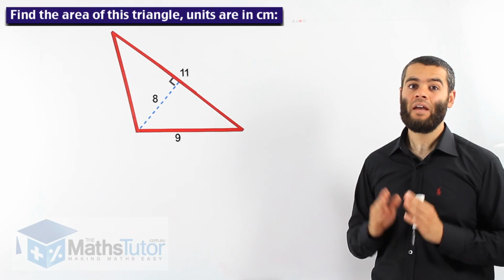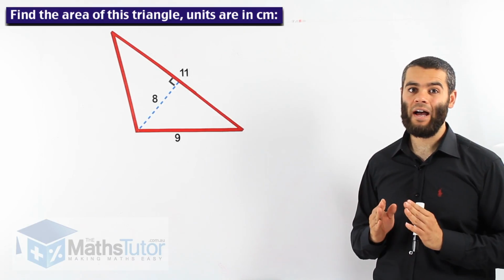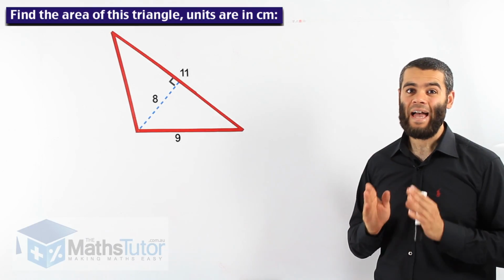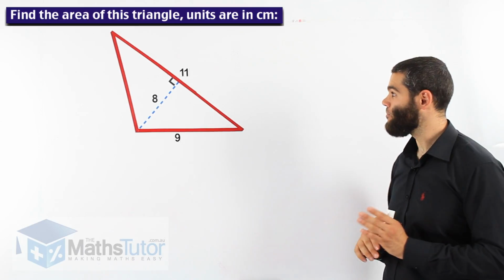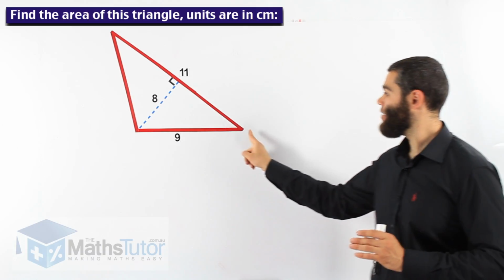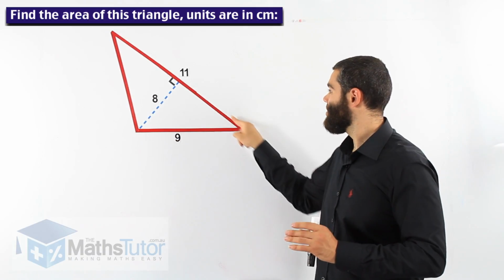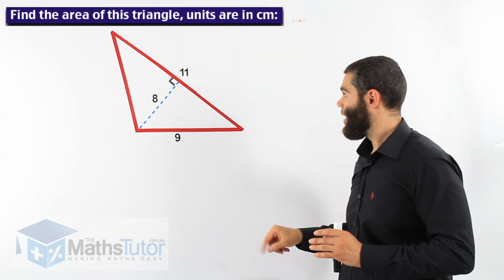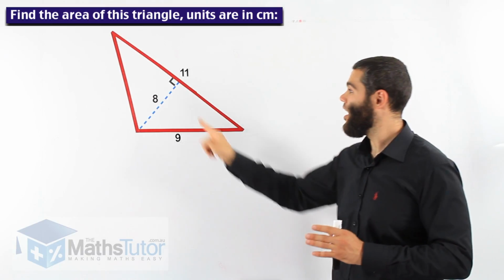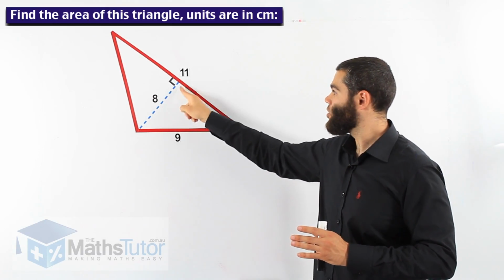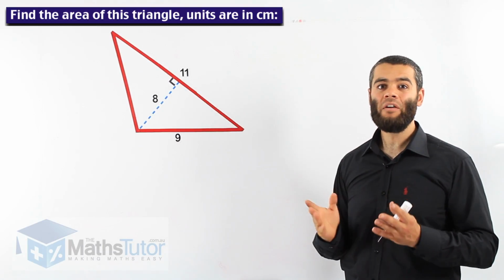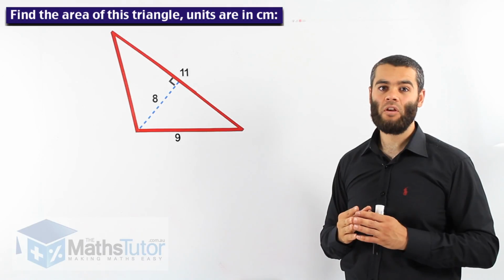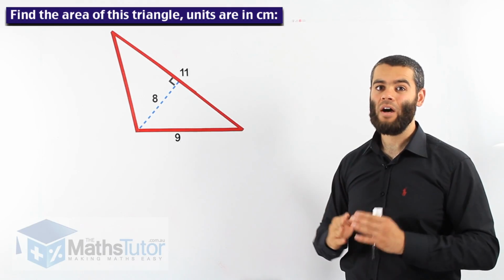So the vertical height meets the base at right angles, at 90 degrees. Very critical point. So here we have this side 9 and this side 11, and we are told that the height of the triangle is 8. So where is the base? Where is the vertical height? They meet at right angles.